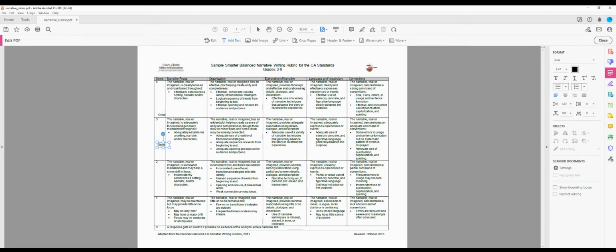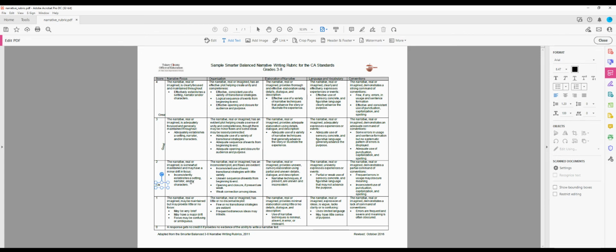So write good. It's kind of crooked, but that's okay.